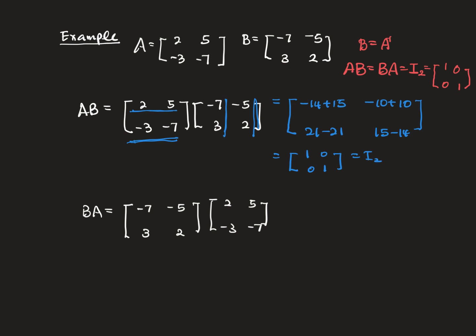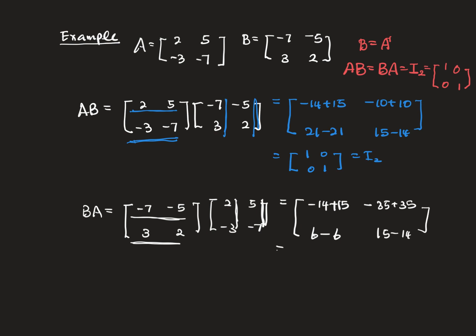One more time, we're going to try the other order, but generally speaking, guys, A times B is identity, and B times A is identity too. But let's practice it. First row, first column: negative 14 plus 15. First row, second column: negative 35 plus 35. Second row, first column: 6 minus 6. Second row, second column: 15 minus 14.